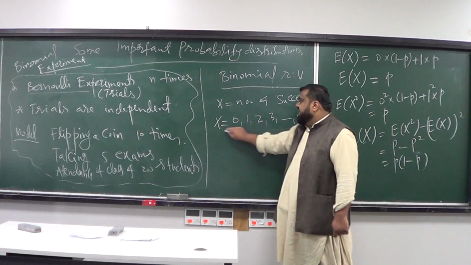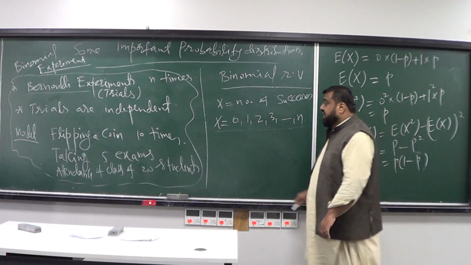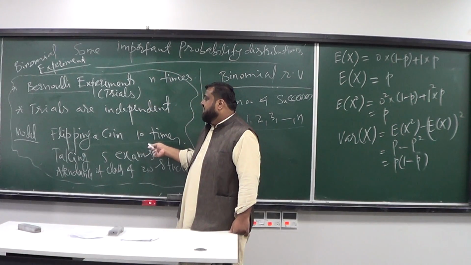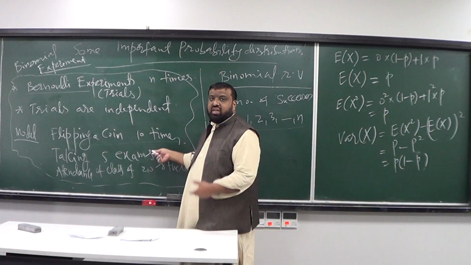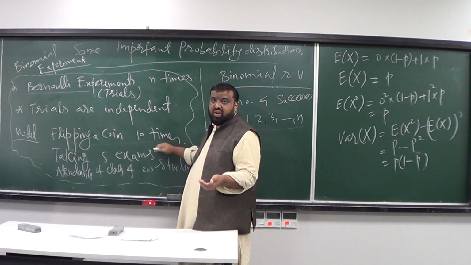So these are the values that a binomial random variable is going to take. For example, if you associate your success with head, it's going to take 0, 1 and up to 10.